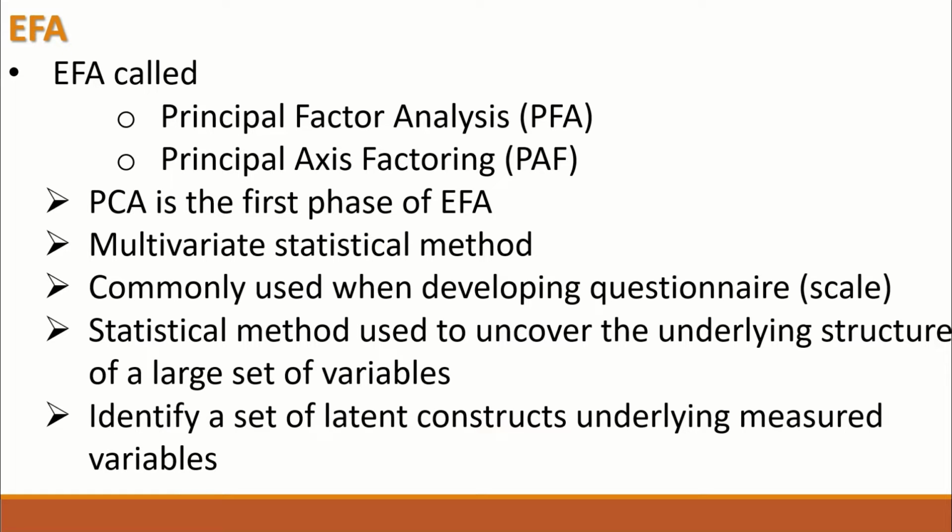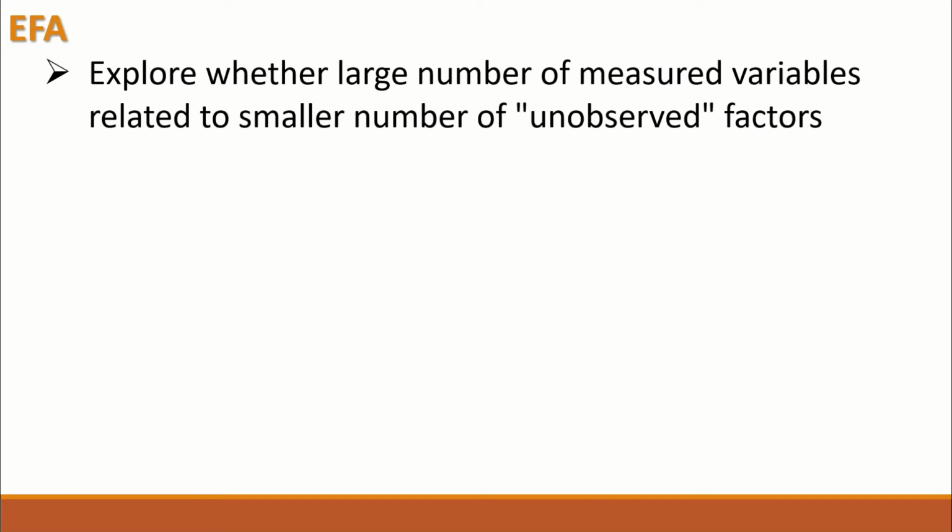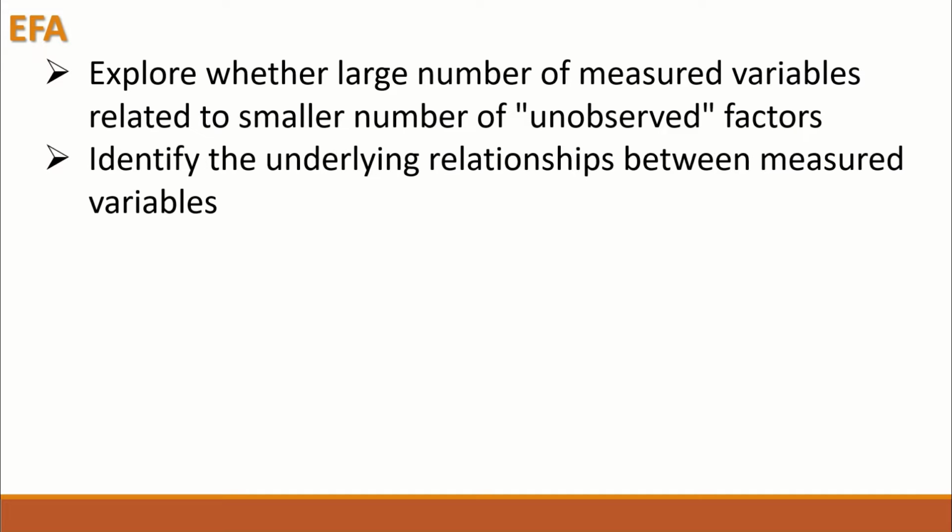It aims to identify a set of latent constructs underlying the measured variables, whether a group of variables measures a certain construct or factor. EFA is an exploratory method that will explore whether a large number of measured or observed variables relate to a small number of unobserved factors.